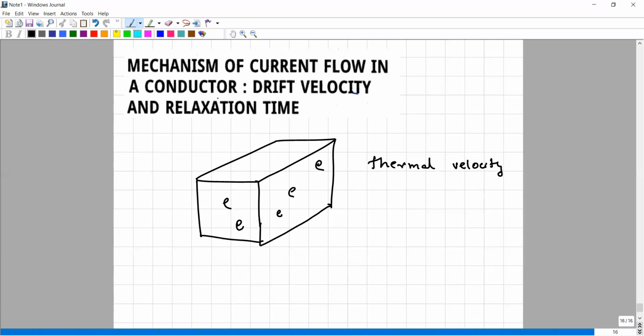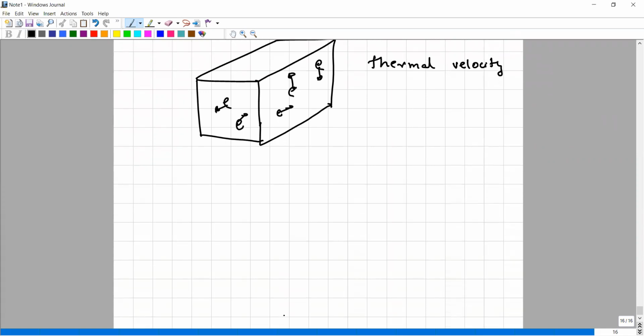Now this thermal velocity is random. The electrons would be moving in random directions all the time. Individually they are moving randomly, but collectively they don't have any direction.